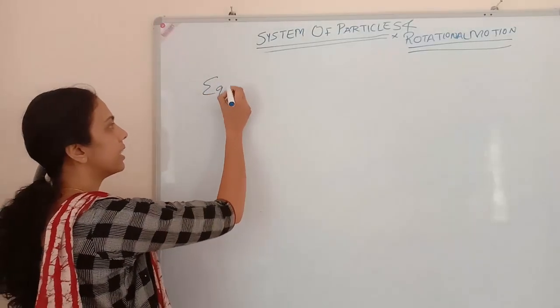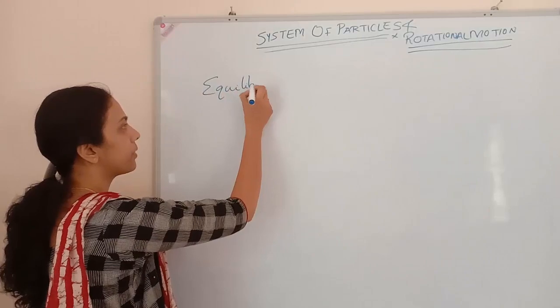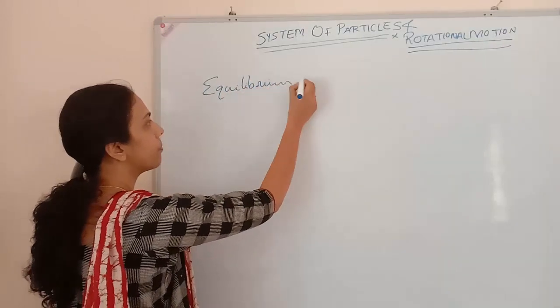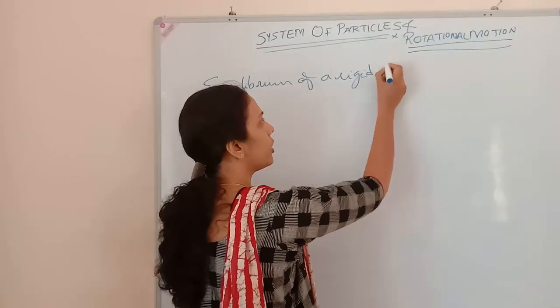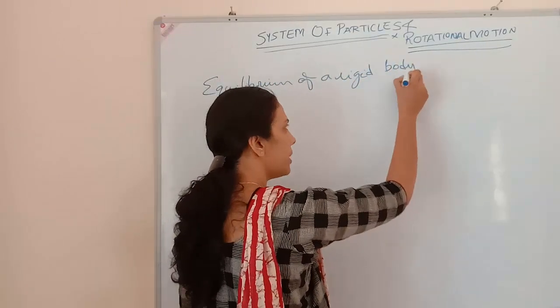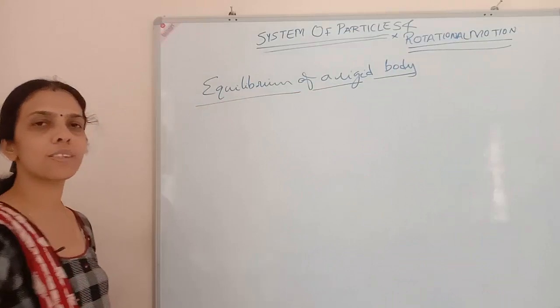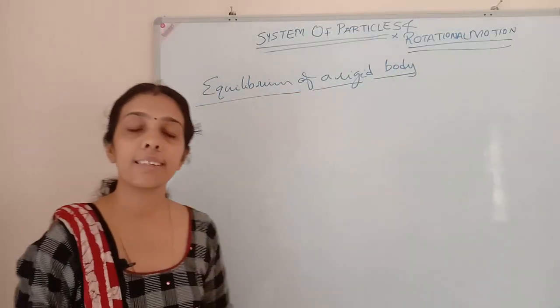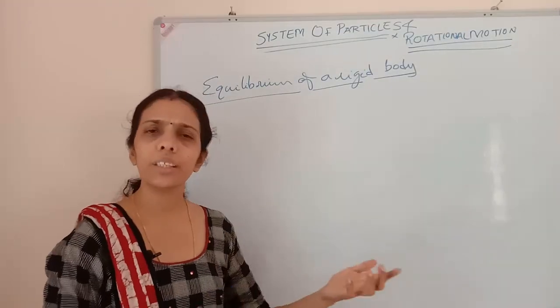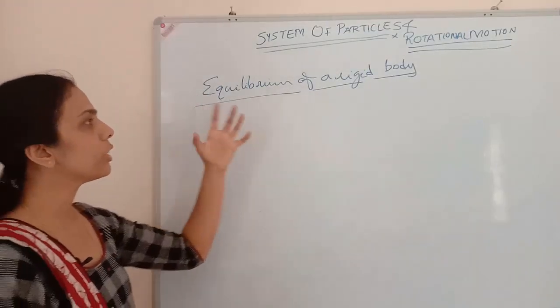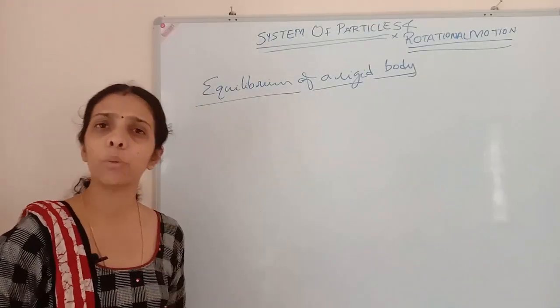Next we are going to study the equilibrium of a rigid body. Equilibrium means the net force acting on the system should be equal to 0. That is the equilibrium condition we learned in translational motion. So how does equilibrium happen for a rigid body?